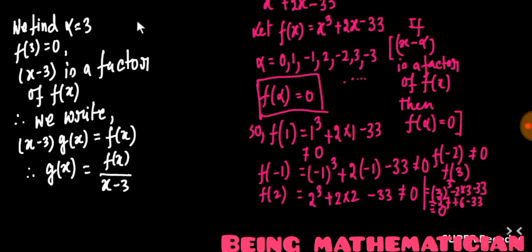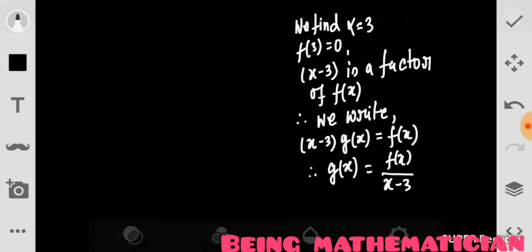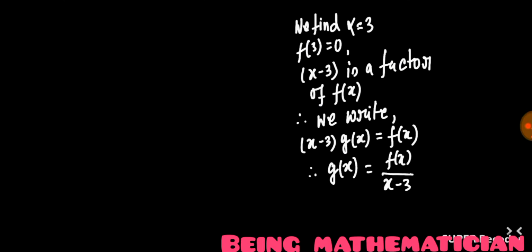So we divide f(x), that means x cube plus 2x minus 33, by x minus 3, and this is x square.